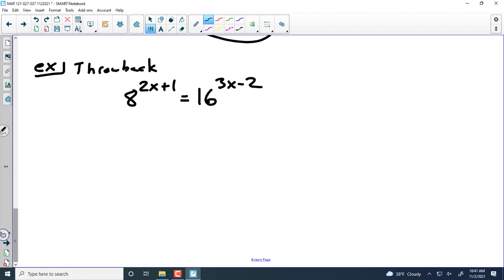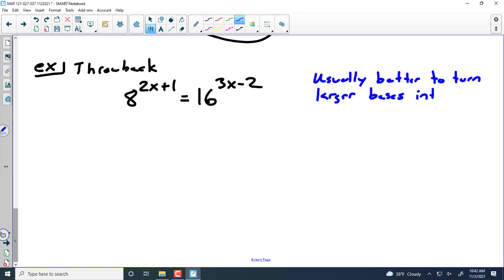If they throw that one at us, we remember how to solve this one, but it's a little bit tricky. What we have to do is break down both those bases into a smaller base. So it is usually better to turn larger bases into smaller bases.